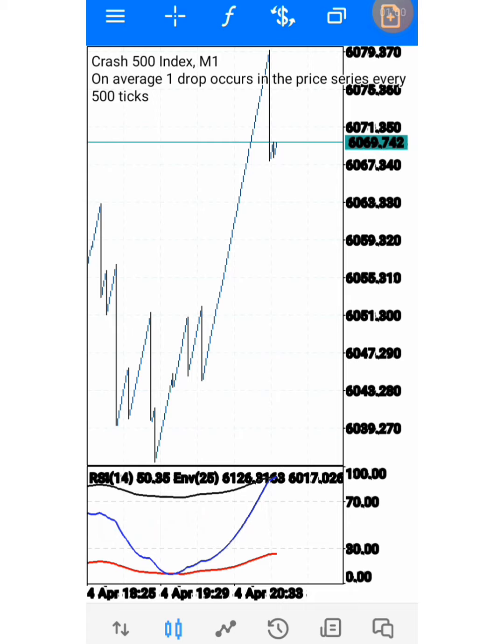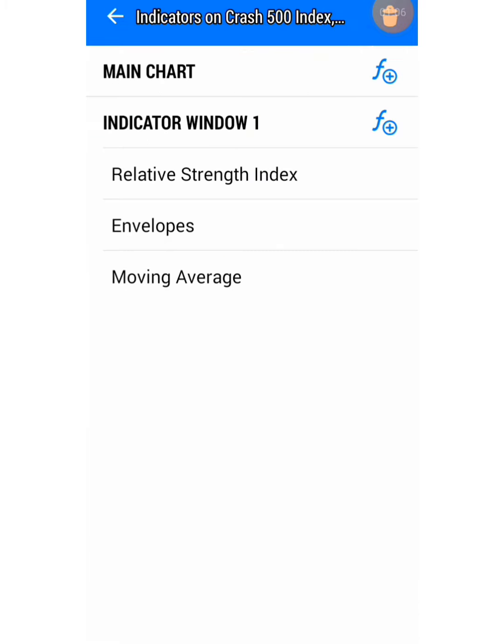Before we start, let me show you the settings and tell you how they work later. In this strategy I'm using three indicators, all in one indicator window. The first one is the RSI, then envelopes and the moving average.